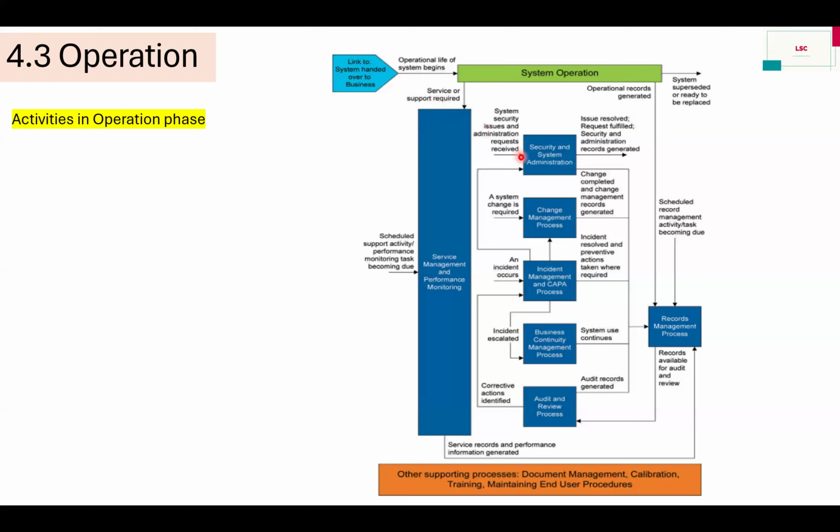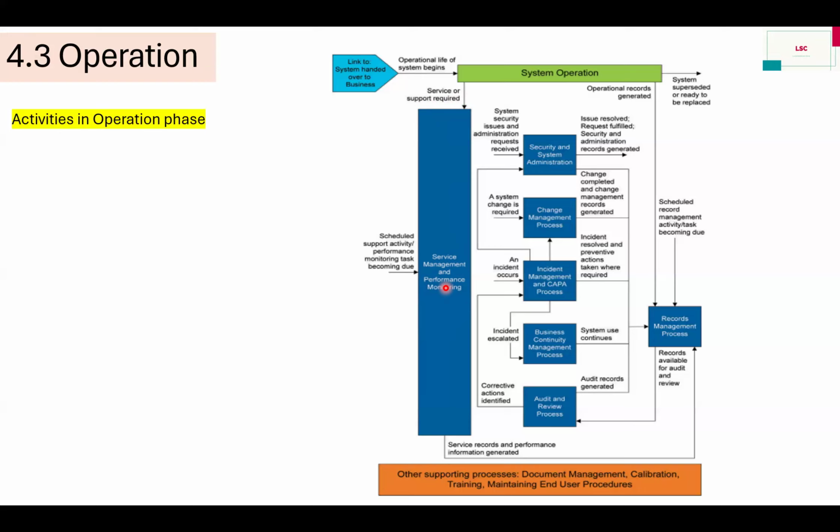In this case, first of all, we see the service support required. Okay. So service management and performance monitoring. What is service management and performance monitoring? First of all, service management and performance monitoring are related to record management, due to records generated to demonstrate proper operation and performance of the system.